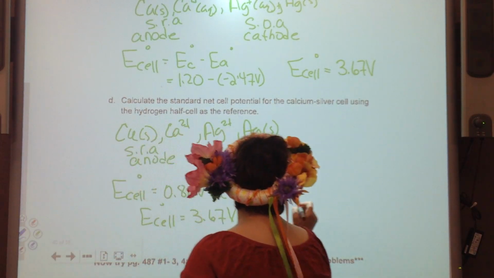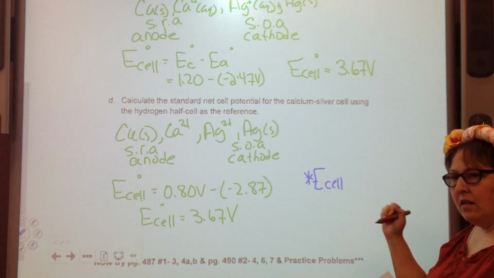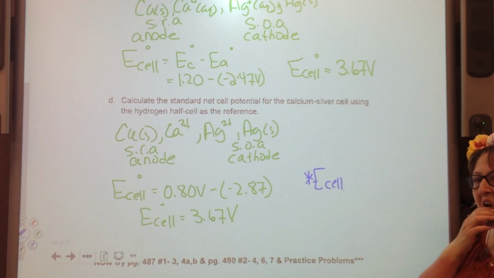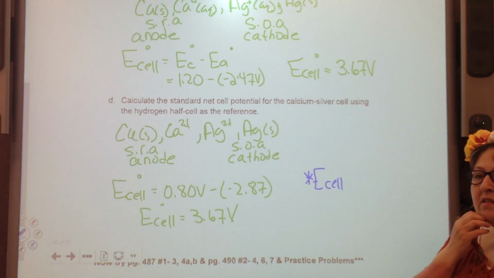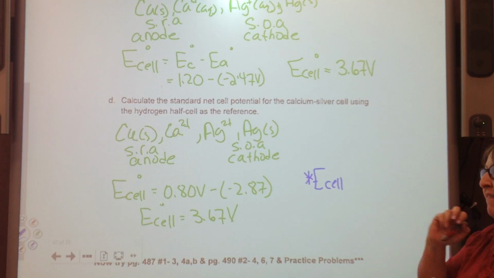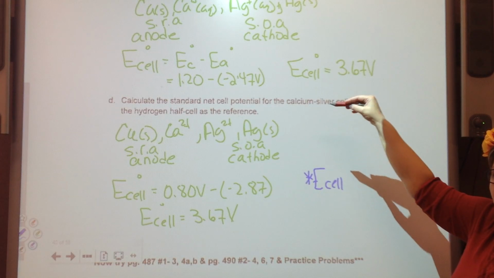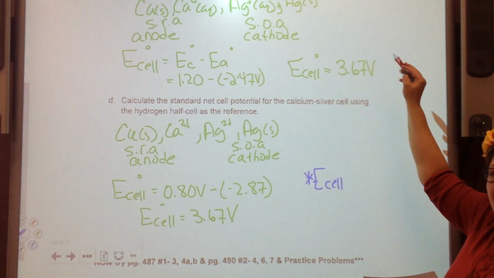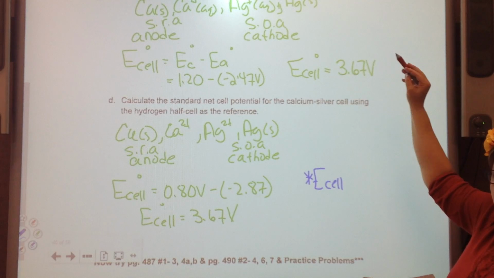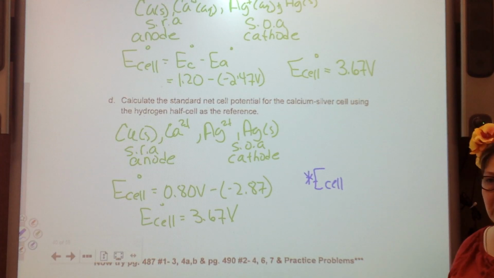If it asks you to calculate it for whatever, could you just reference hydrogen, or do you have to switch it around? You could, but if they're asking you to change it based on something else being your reference cell, they're going to make sure that you know that you have to subtract or add that difference to get to zero. It won't be asking you to do the entire cell potential because you can just look at the two, because you know that it's relative, right?